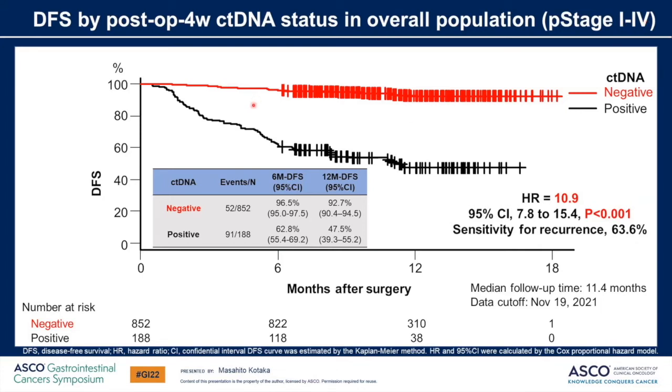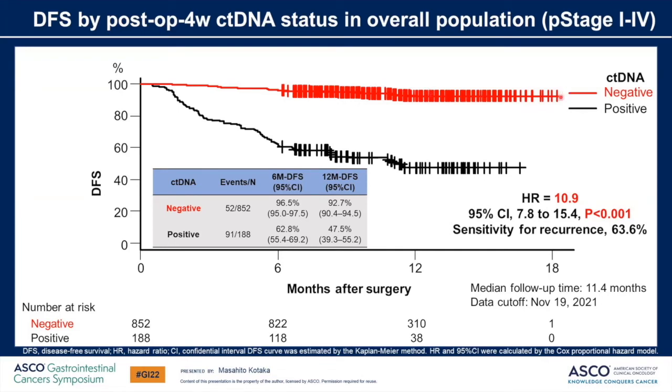Here you can see a separation of the curve. As we showed before, the patients that are ctDNA positive, you would expect over time, given more follow-up, that would continue down based on the data I showed you previously, and the absence of any adjuvant therapy. And then you can see the patients that did really well when they were negative, but still some patients that were having some recurrence.